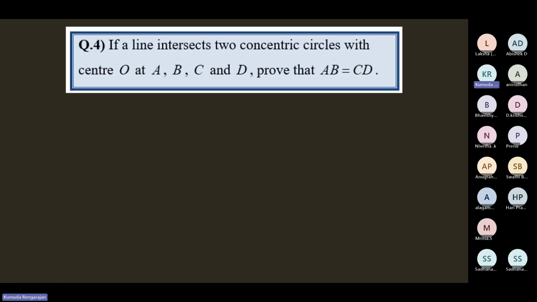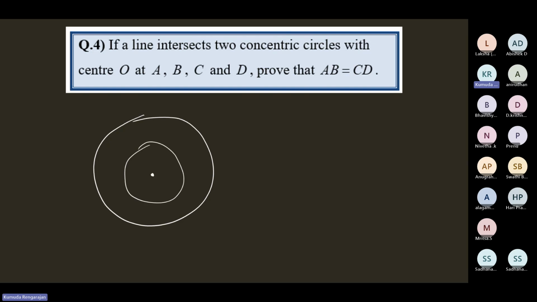If a line intersects two concentric circles with center O at A, B, C, and D, prove that AB is equal to CD. Concentric circles means they have the same center but different radii.